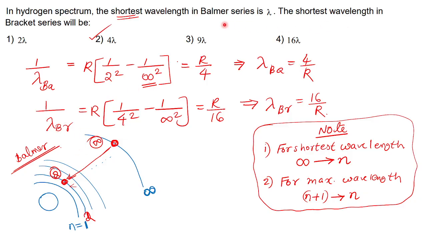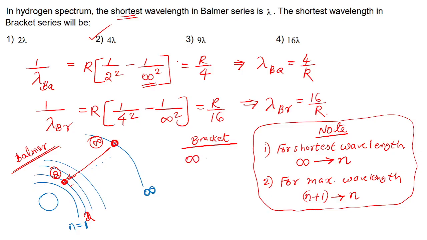Next is the shortest wavelength in the Brackett series. Do you remember that? Lyman, Balmer, Paschen, Brackett. Brackett means n equal to 4. I explained that; I don't want to draw the diagram for Brackett.